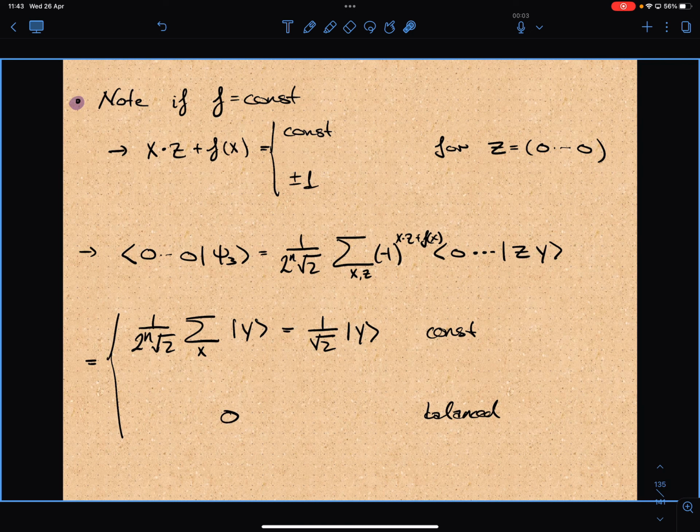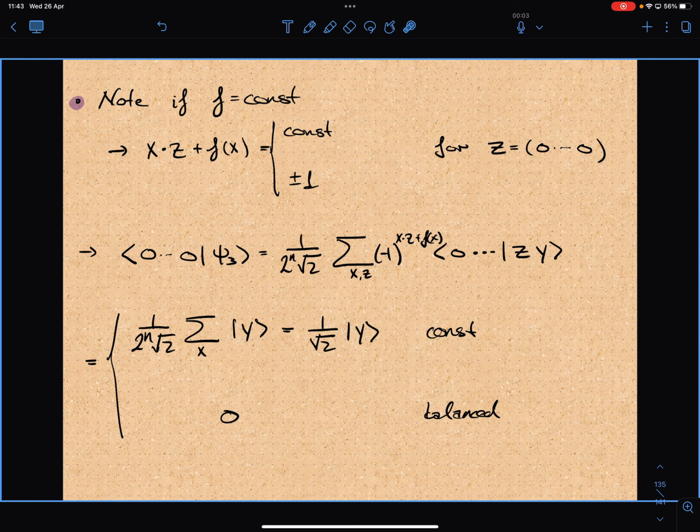And now we again make the observation of what the phase is going to be for either constant or balanced.